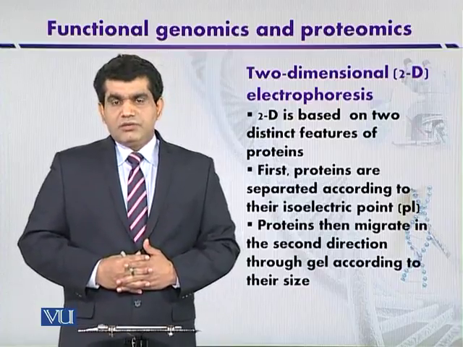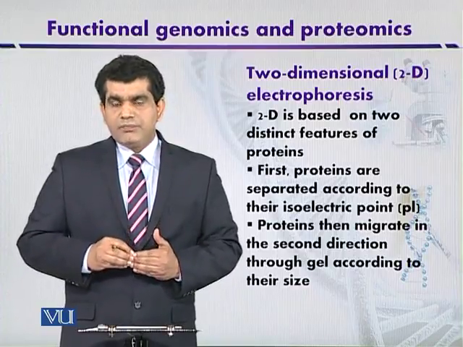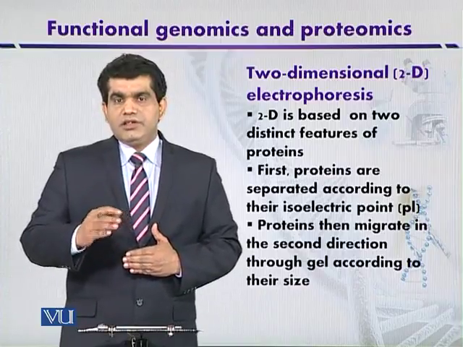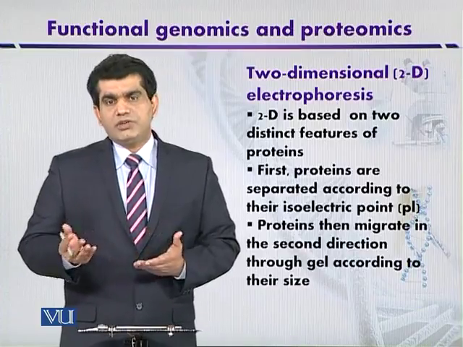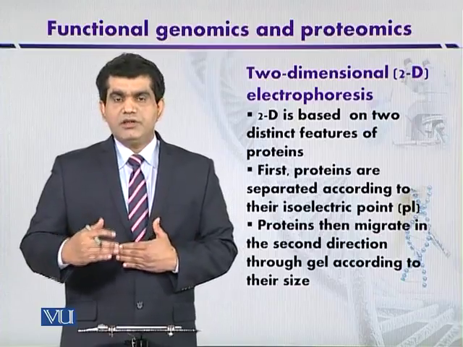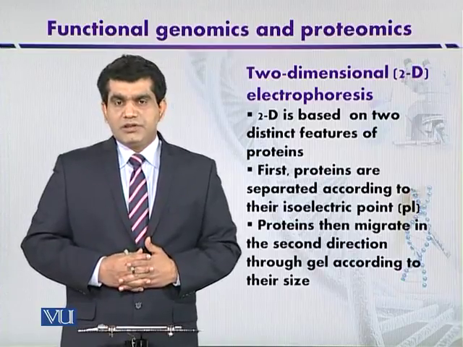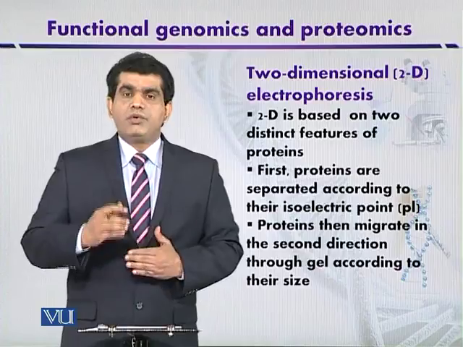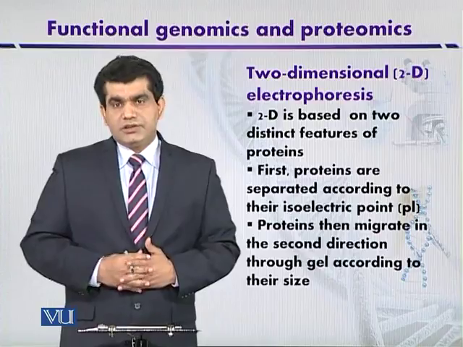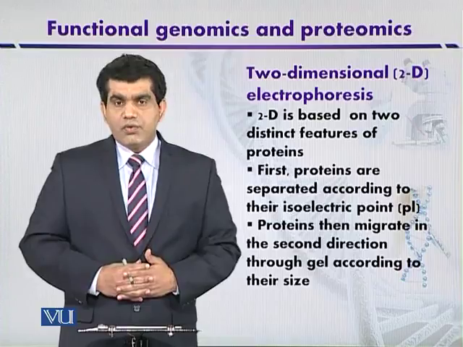As far as the first dimension of movement is concerned, after loading, the proteins are run in a gel that has a pH gradient, suppose 3 to 12, or some narrow range like 5 to 6, so that on the basis of their electric charge, protein molecules will be separated in the pH gradient. This principle may be called isoelectric focusing.